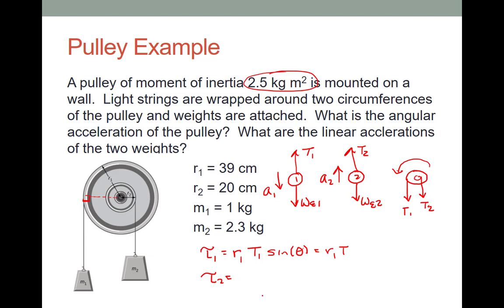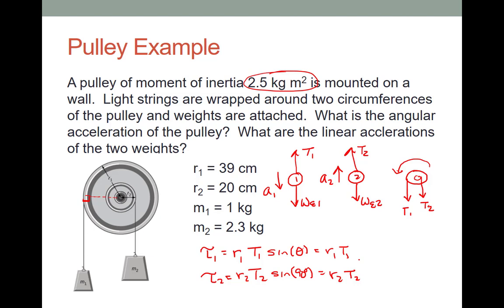Torque 2 will have a radius of R2 and force T2, and again a sine of 90 degrees, which leaves me with R2 T2. Let's also think about directions. We're assuming that the pulley is going to rotate counterclockwise.